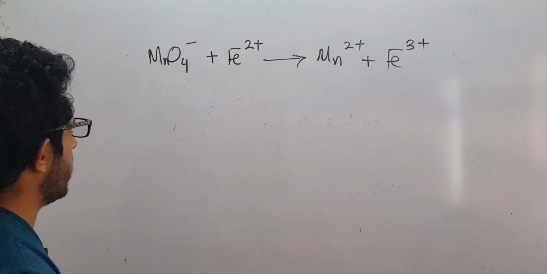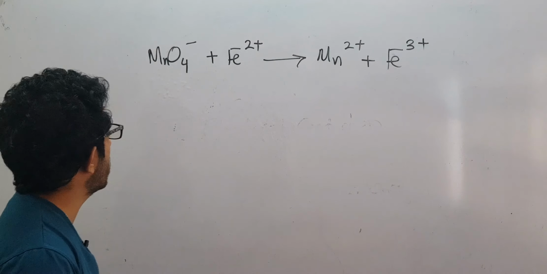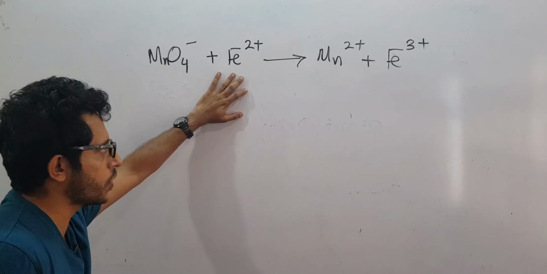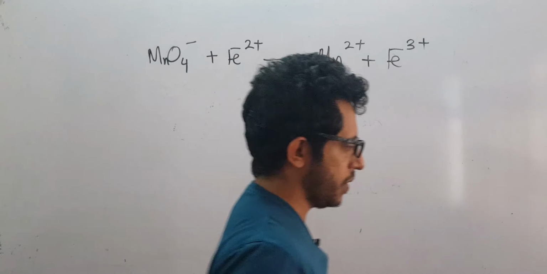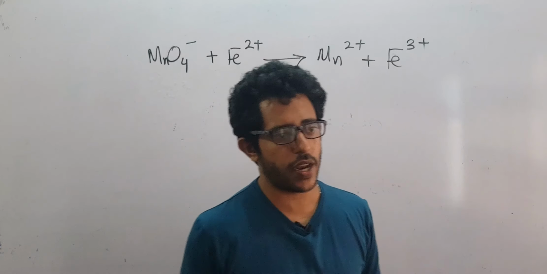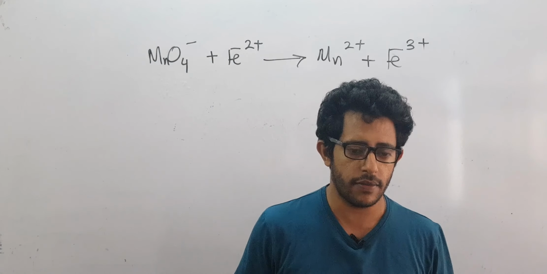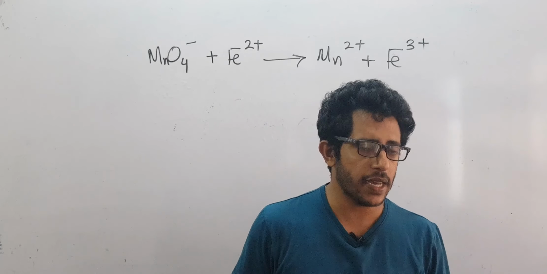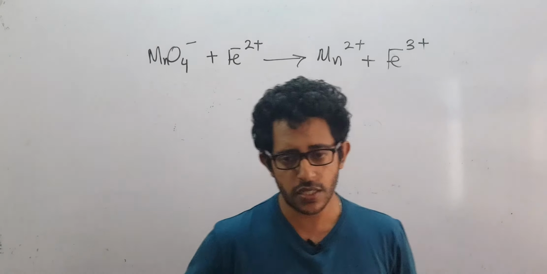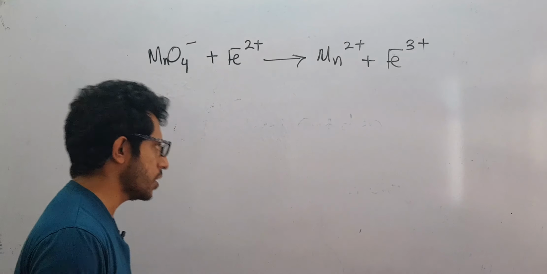MnO4 minus, manganate 7 or permanganate ions, reacts with iron 2 plus to give iron 3 plus ions and Mn2 plus. Now we can't just balance the redox reaction by looking at the oxygen and iron, so we need a specific way of doing it. This is the method we are going to use.